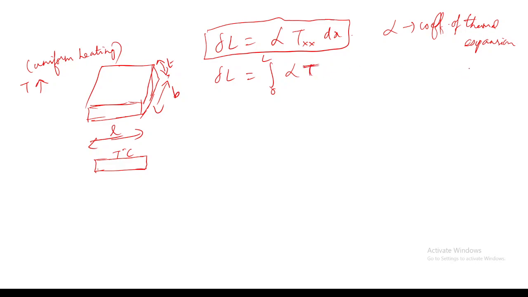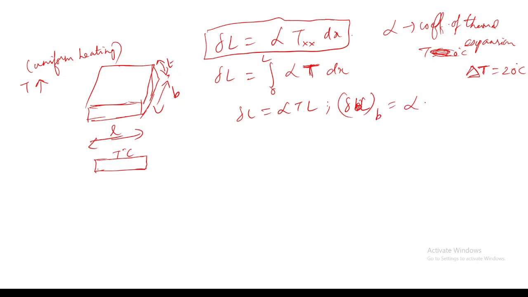Here T is nothing but delta T, the amount of temperature rise. It is not a particular value like 20 degrees Celsius. So I get alpha T into L. Similarly, I get delta L along the breadth as alpha T into B, and along the thickness as alpha T into T. This is for a uniformly heated rectangular slab.